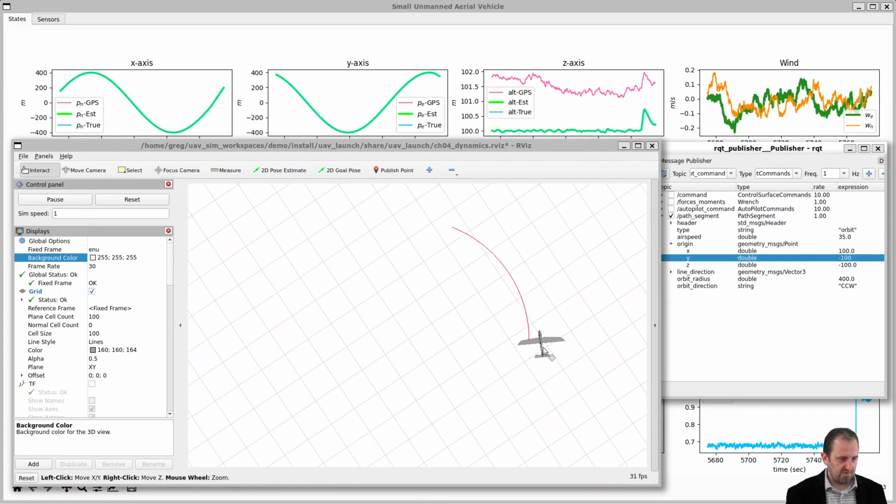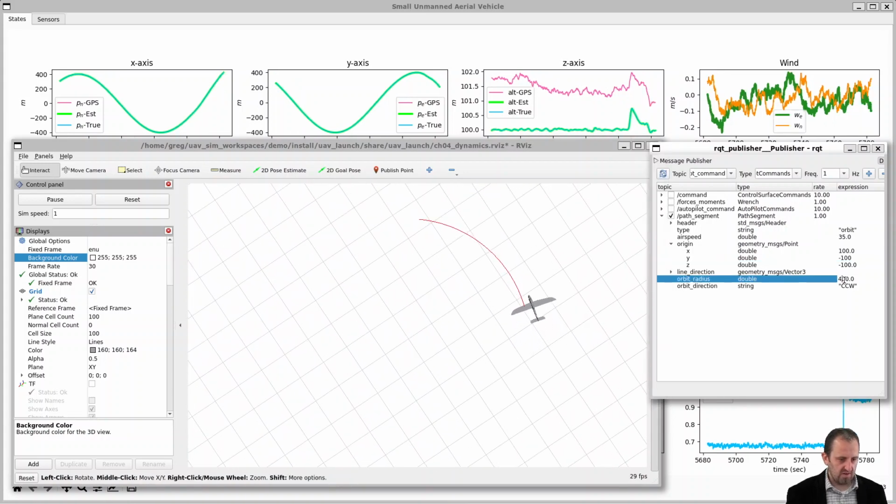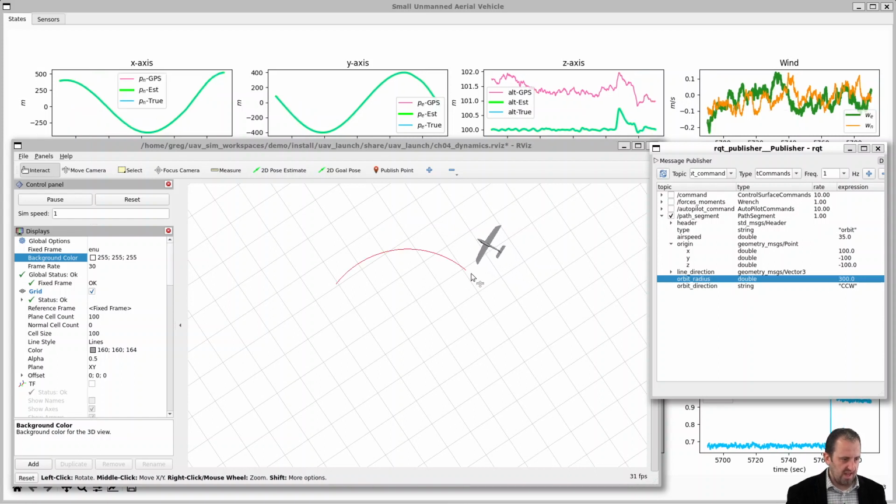So that's how we define our circles. We have this origin, and we have our radius. So now if we made it 300, not 3,000, 300, it'll go in.